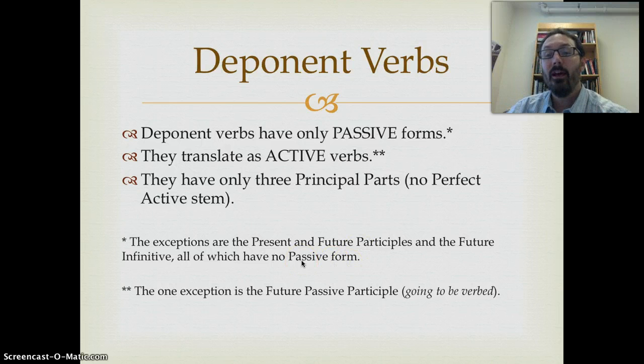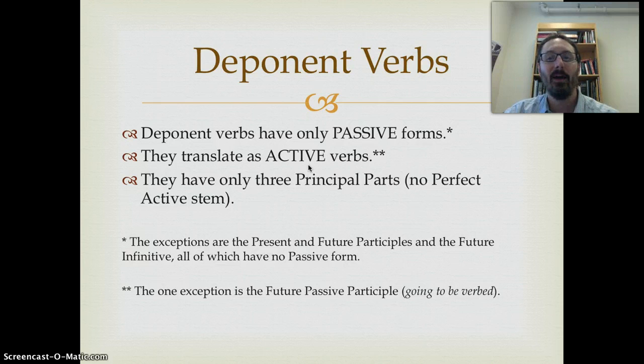Now, they only have passive forms, but deponent verbs always translate as active verbs. Okay, they always translate actively. So a deponent verb has a passive ending, but it translates as active, and there is no way to make a deponent verb translate passively, obviously, because you can't add a second passive ending or make them more passive than passive.